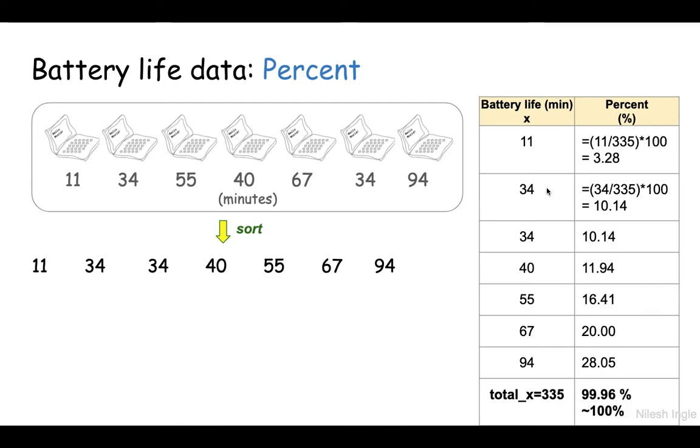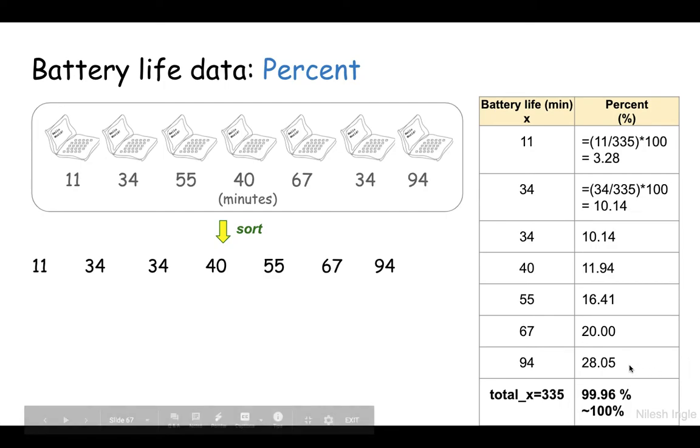Similarly, you can calculate that for 34. So 34 divided by 335 times 100 gives 10.14, and that's around 10%. So 34 is 10% of 335. That's how we would calculate percentage.